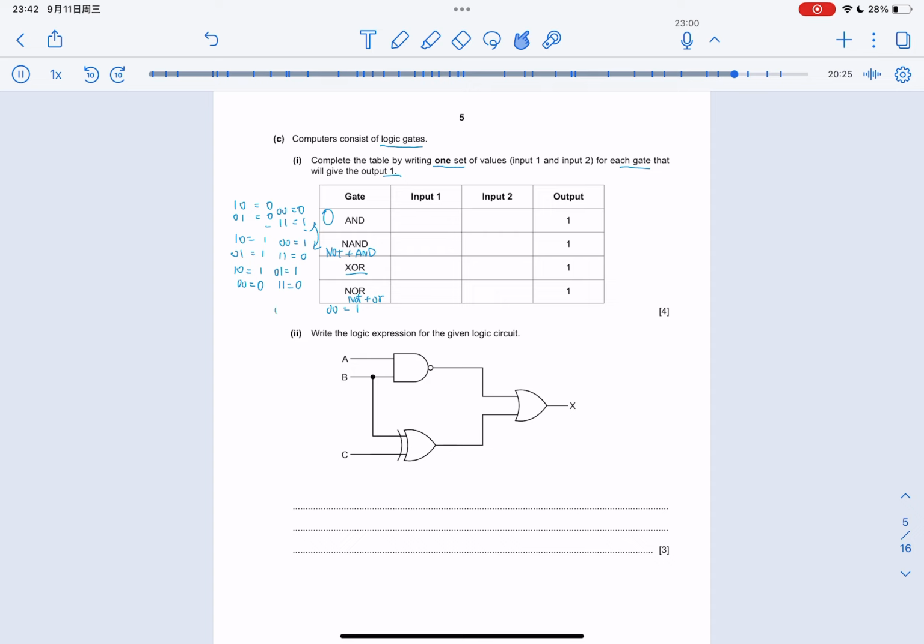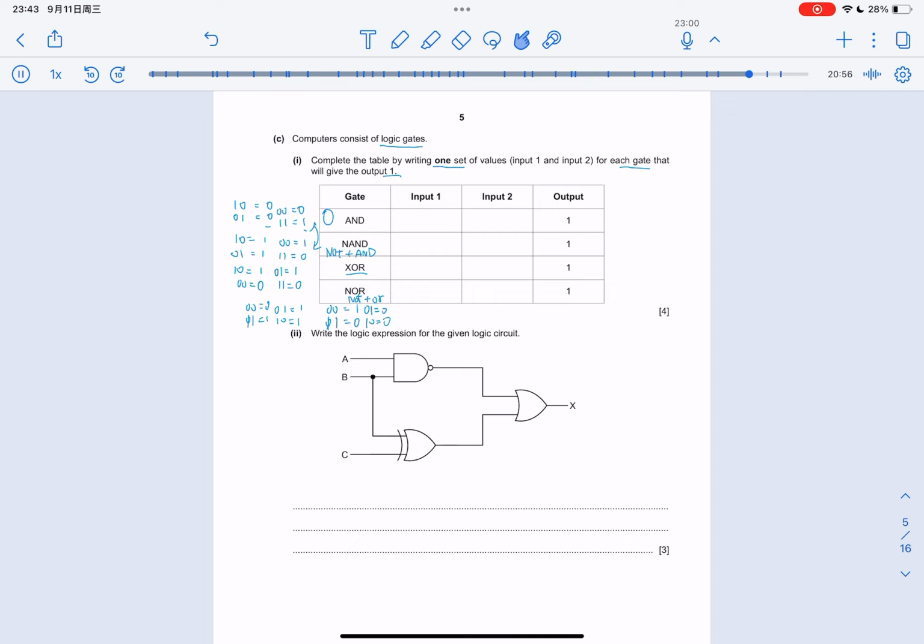So for OR, 0, 1 is always a 1. 1, 0 is always 1. So 0, 0 equals 0. 1, 1 is still a 1. Okay, so NOR is just not plus OR. So 0, 1 equals 0. 1, 1 equals 0. And 1, 0 equals 0.